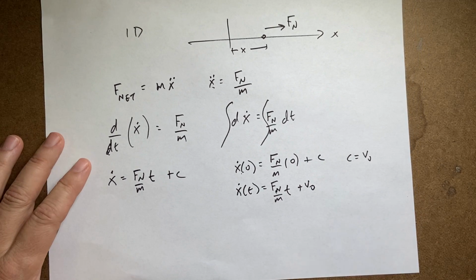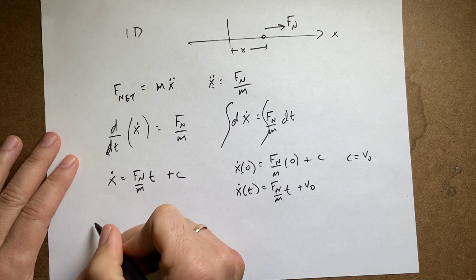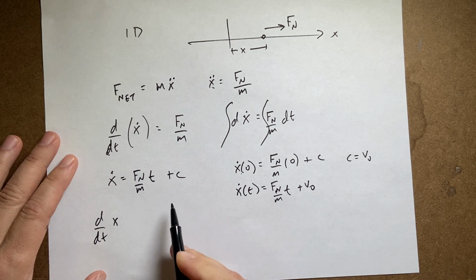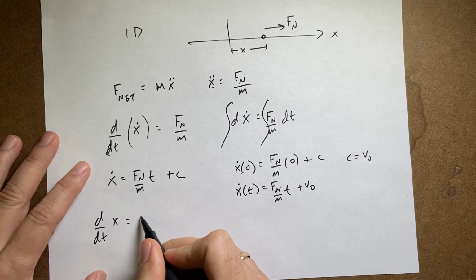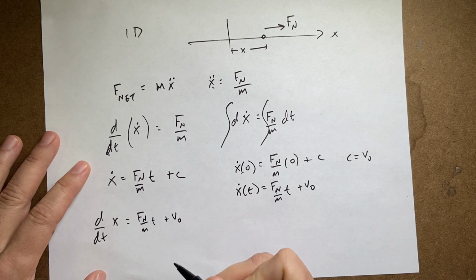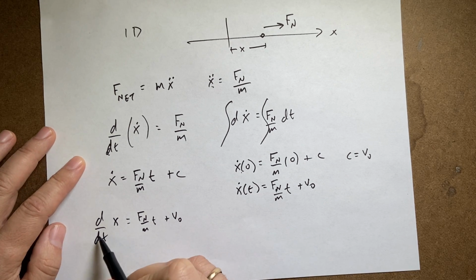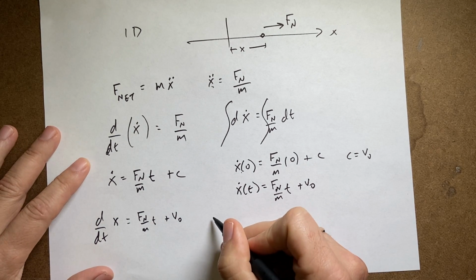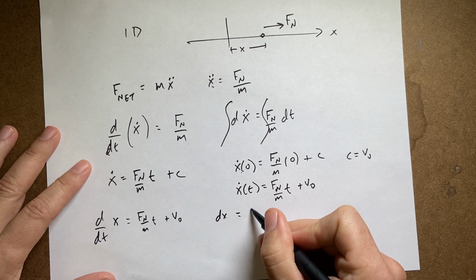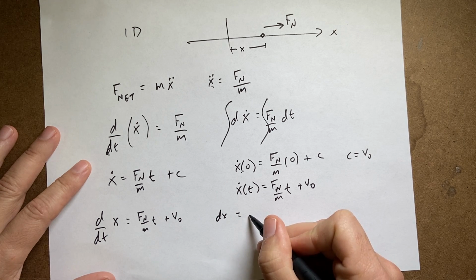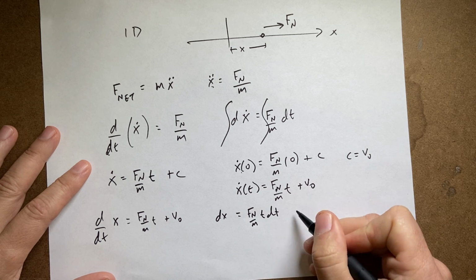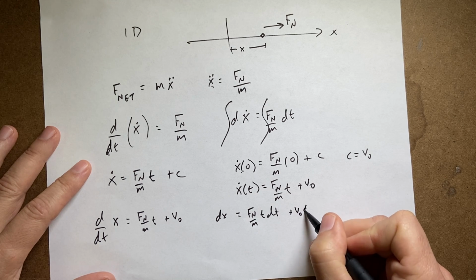Now we need to do it again to solve for x. So I'm going to say d/dt of x, that's x dot, is going to be equal to Fn over m t plus v0. Now I can again multiply both sides by dt, and I get dx equals Fn over m t dt plus v0 dt.